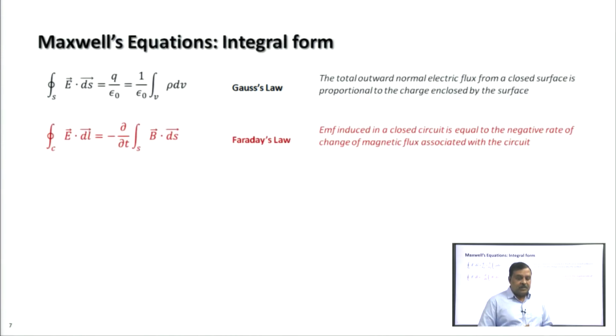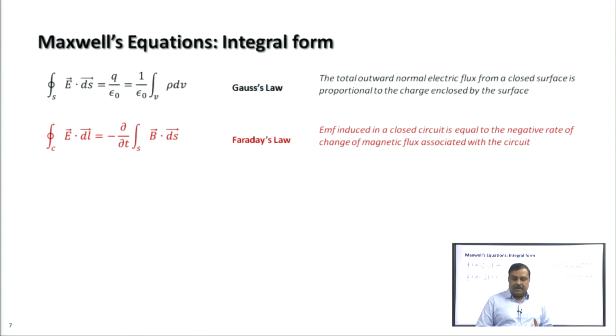This is Faraday's law. Line integral of electric field over a closed circuit is equal to minus delta by delta t surface integral of B dot ds. B is magnetic field, E is electric field.